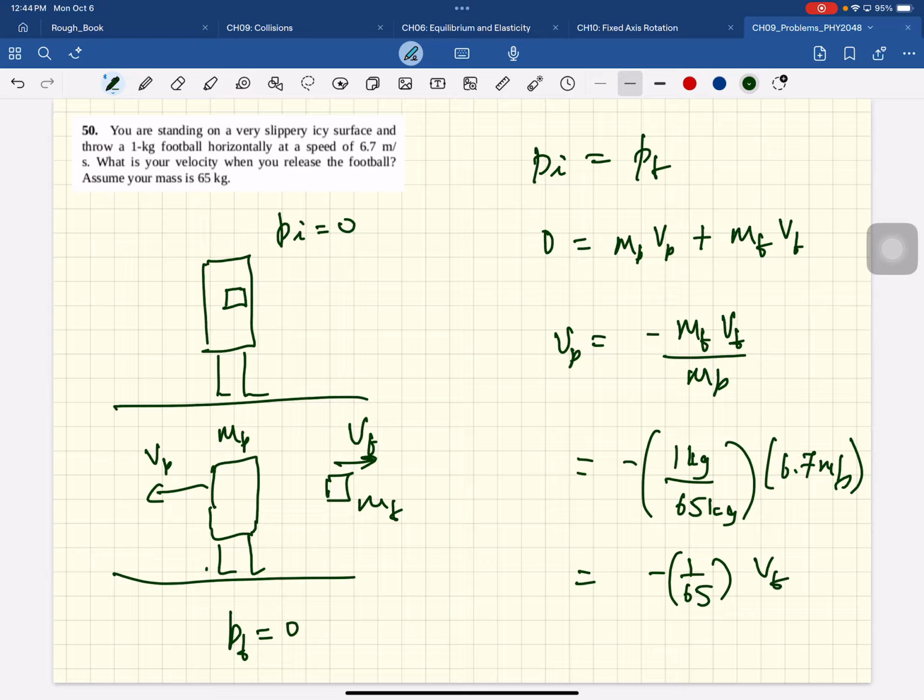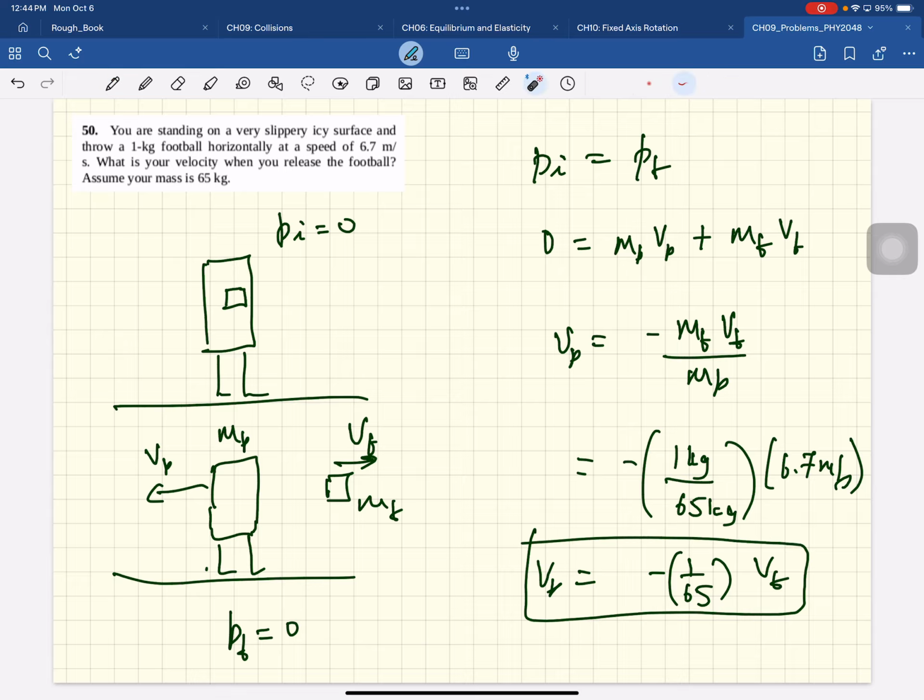I'll write it like so. So it's just the mass ratio. The heavier the object you throw, the faster you'll recoil.